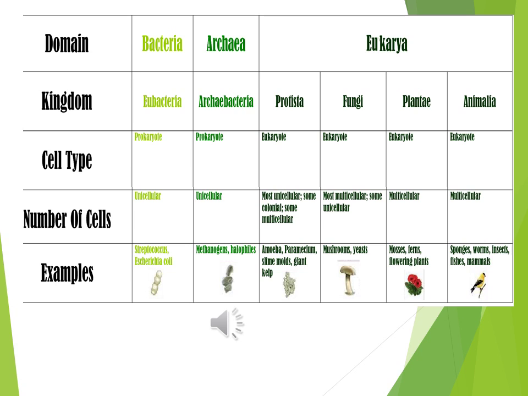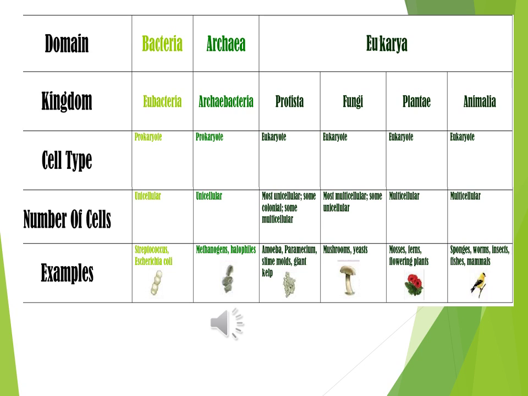In the domain Archaea, the kingdom Archaeabacteria, the cell type is prokaryote. The number of cells is unicellular, and the examples are methanogens and halophiles. In the eukarya domain, we can find the kingdom Protista, that have a cell type eukaryote.